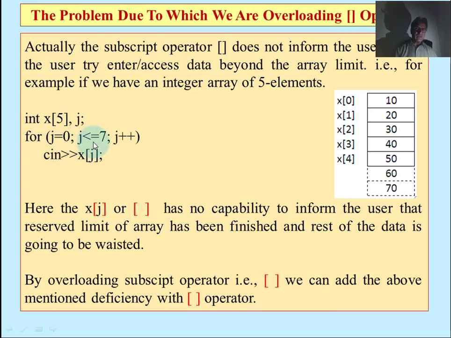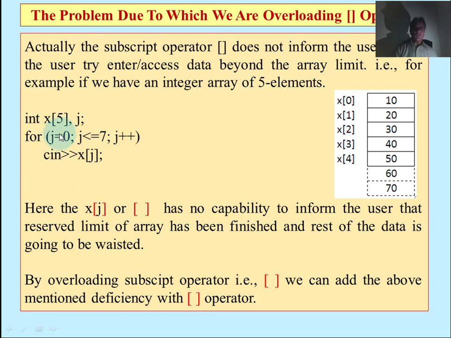Actually, it should be executed 5 times, but when it executes 7 times, it stores 7 values, while the capacity of x array is 5. It gets 2 more values and it stores the values in the memory of array, but these values are actually wasted.